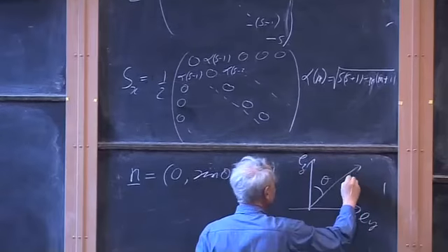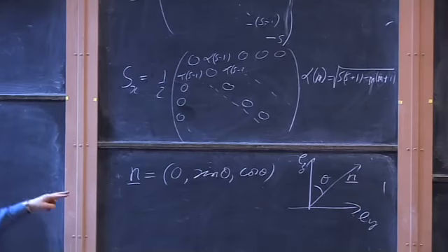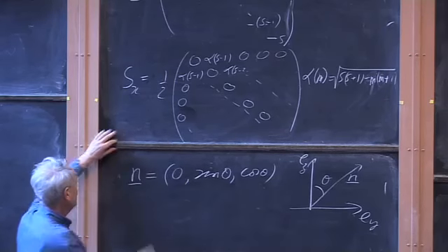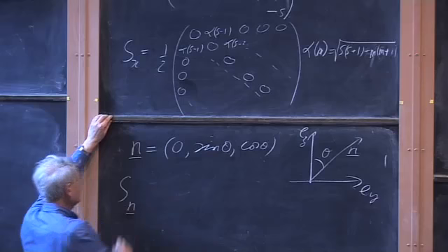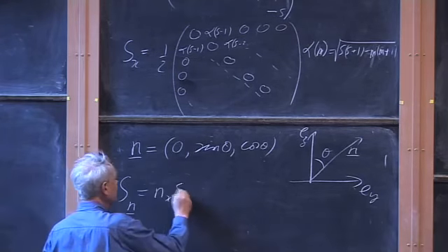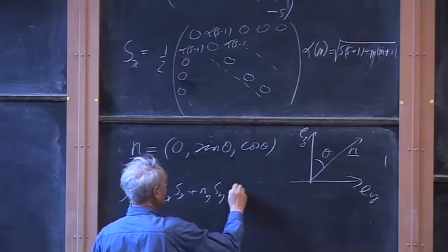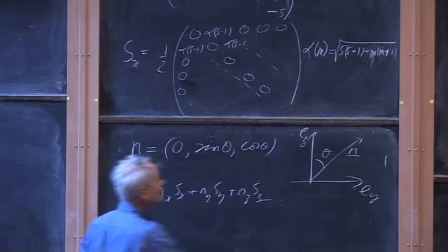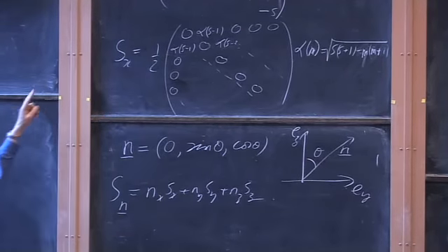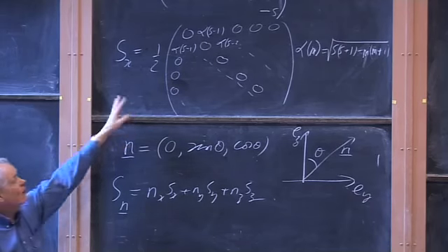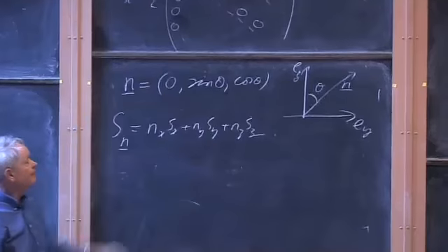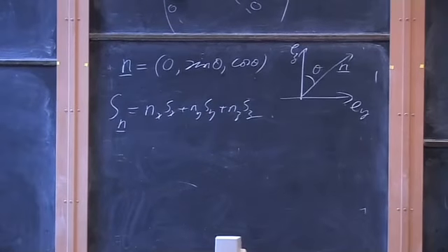So if I take any unit vector whatsoever, then I get the matrix for spin down that direction being nx Sx plus ny Sy plus nz Sz. So choose some angle theta. Take the appropriate linear combination of Sz and Sy. I haven't written down Sy, but it's essentially the same as that with a 1 over 2i and some minus signs.